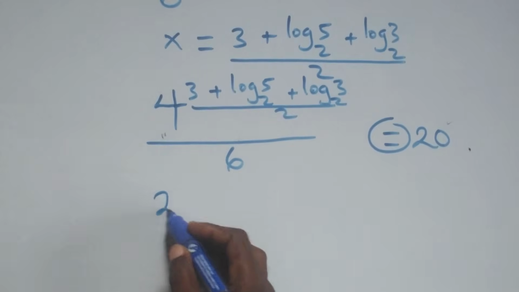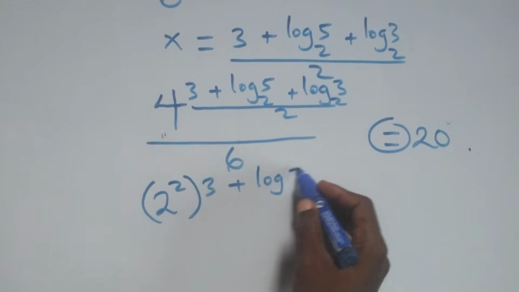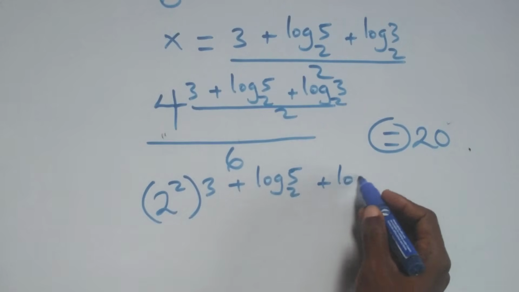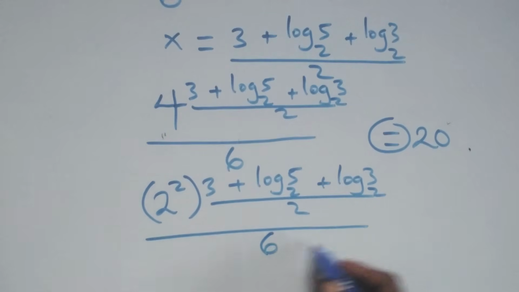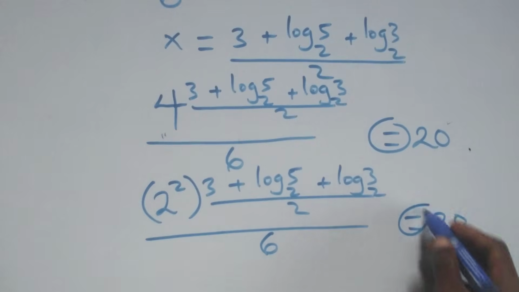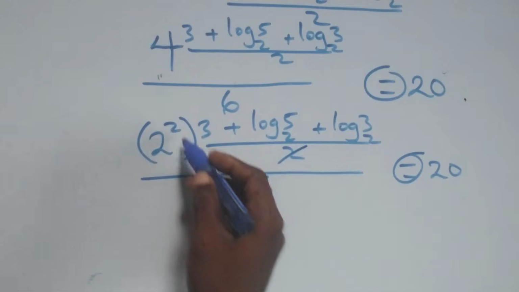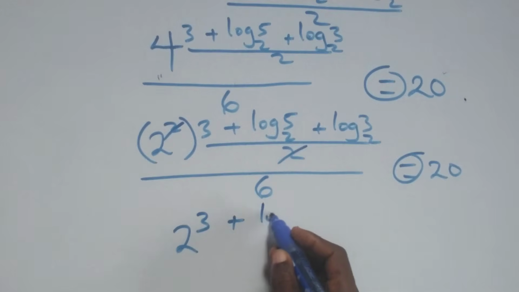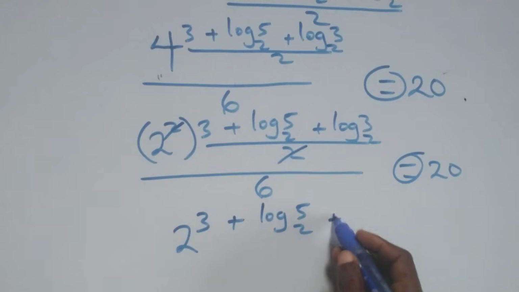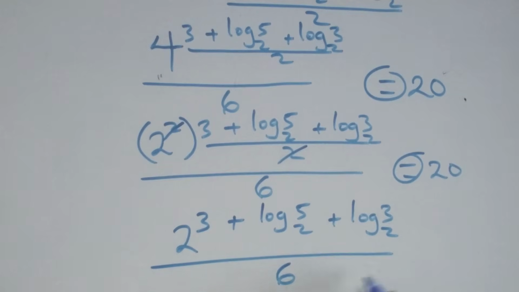Since 4 is the same thing as 2 squared, then raised to power 3 plus log 5 base 2 plus log 3 base 2 over 2, then all over 6, equals 20 here. This power multiplies. 2 can cancel each other so that we have 2 raised to power 3 plus log 5 base 2 plus log 3 base 2 all over 6. Is it equal to 20 on this side?